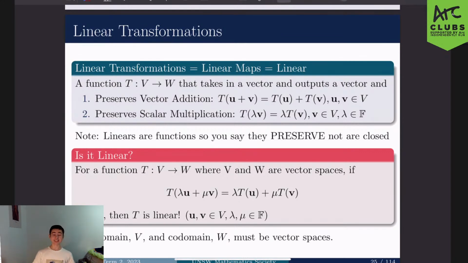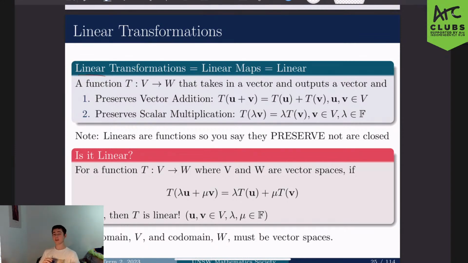So a linear transformation, okay, keyword is linear, okay? A linear transformation is one that preserves addition and scalar multiplication. So preserving vector addition, preserving scalar multiplication. Why do we say preserve rather than close? Okay, that's the key difference. Closure is when we have something in a set and we remain in the set, okay? So we stay in this circle by doing our operations, okay?